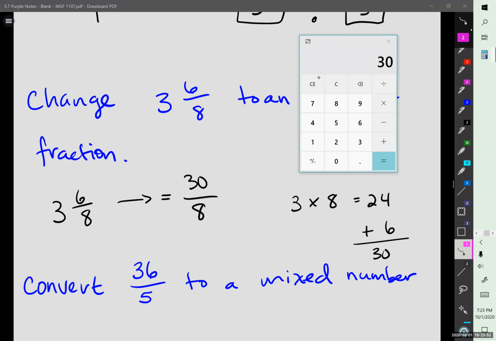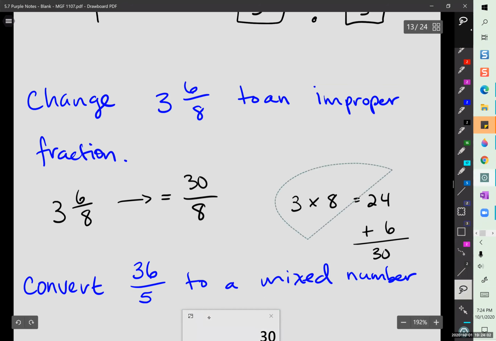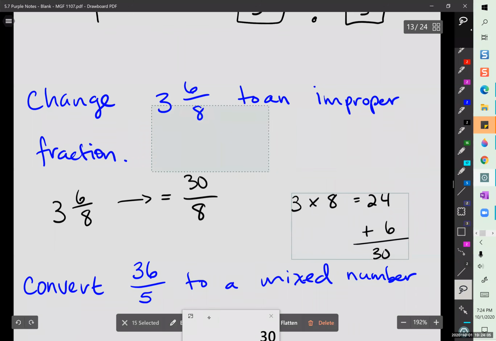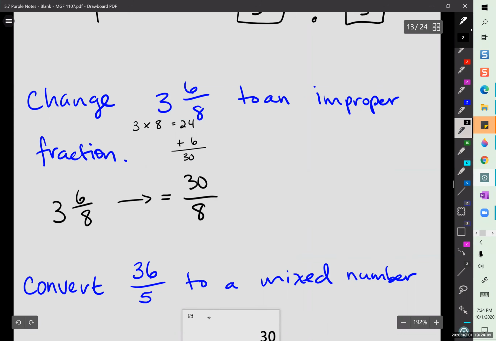Would you like me to write an additional one to practice on your own for this type? Okay, I'll do one. So same instructions if you'd like to work on this one.